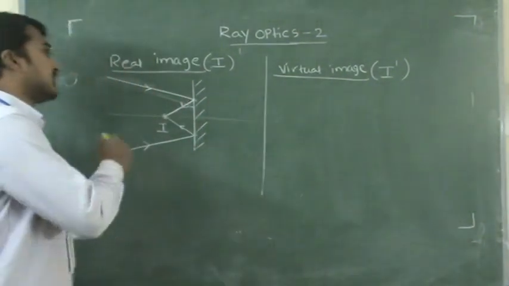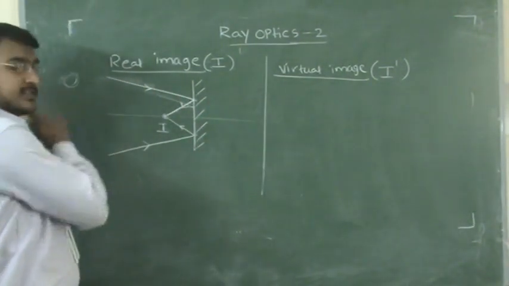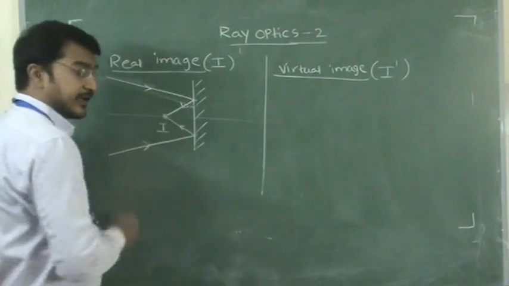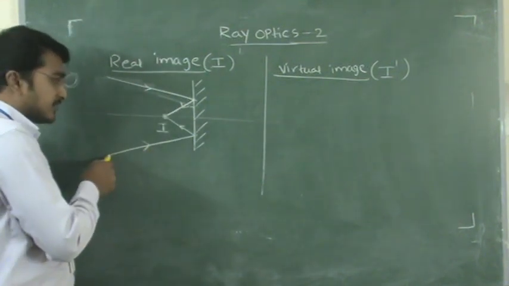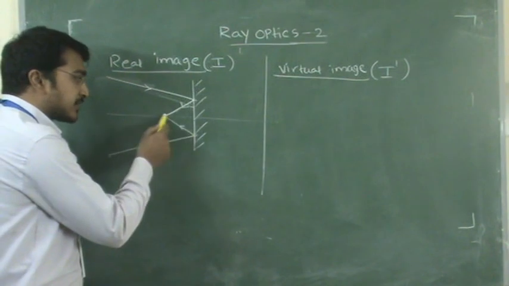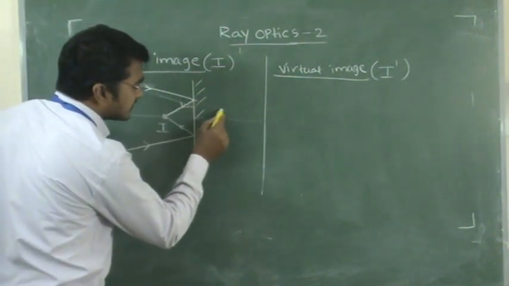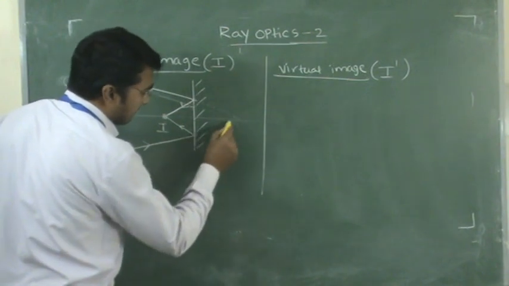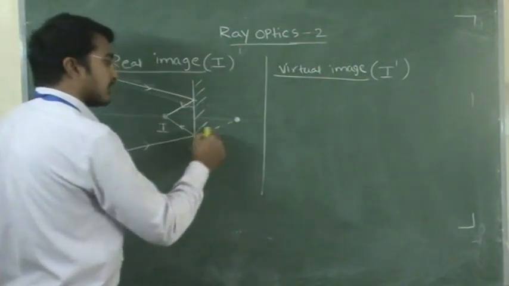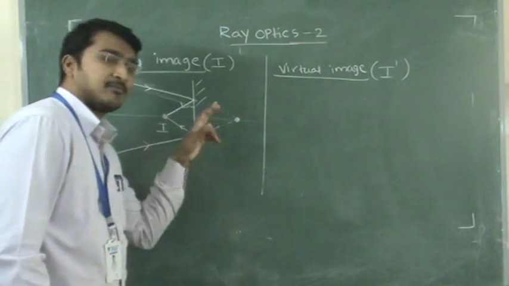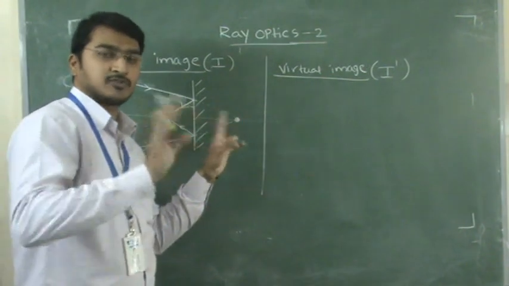Here the object is here, the real object, and rays are incident here. The reflected rays meet here, that is I. But when you extend these rays behind the mirror, that is virtual. The point forming inside the mirror is a virtual point.